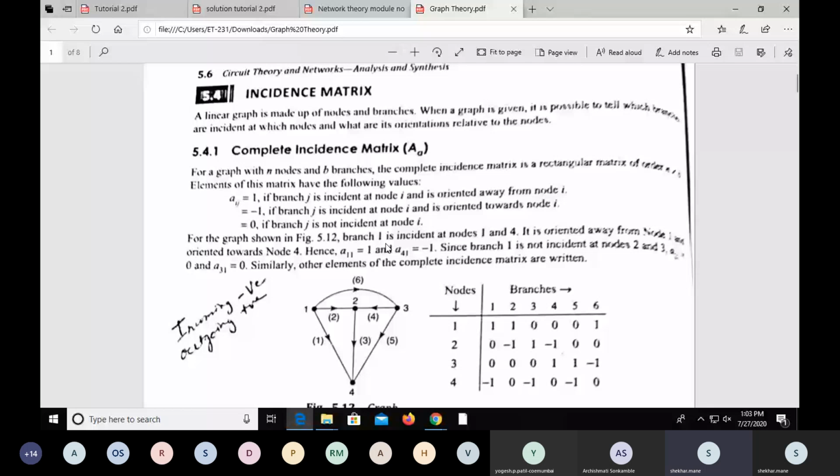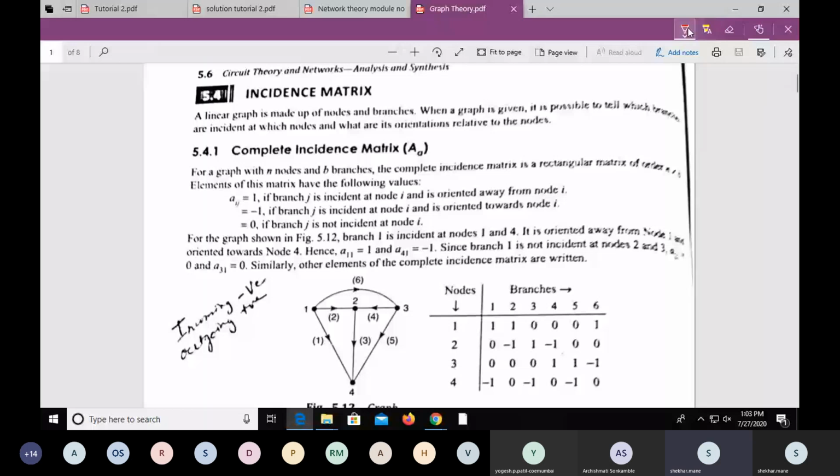So the matrix you will get is of order n cross b.